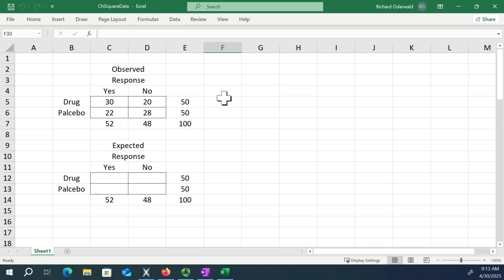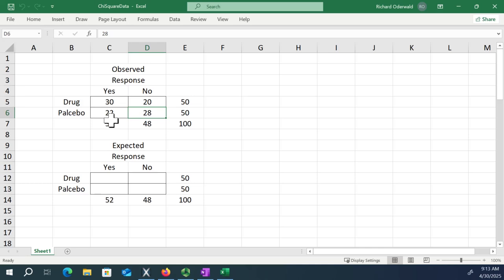So in this, the drug worked in 30 out of the 50 people that got the drug. It didn't work in 20 of those people. The placebo worked in 22 out of 50, and it didn't work in 28 out of 50.